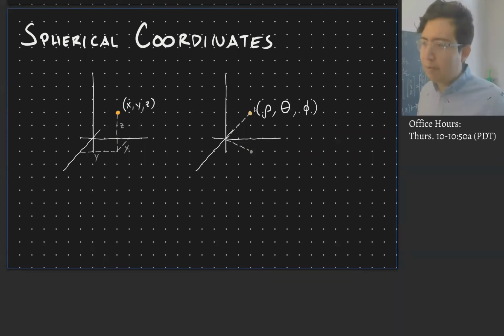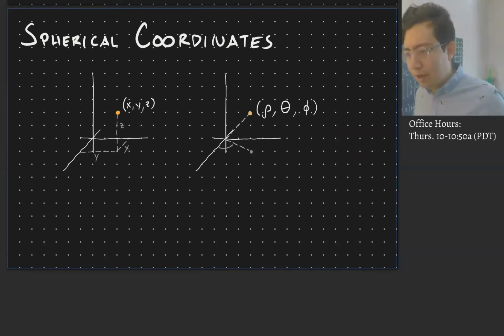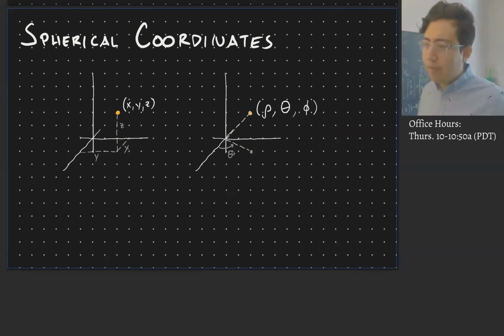It's similar to cylindrical coordinates in that you're still measuring this angle here, theta, coming off of the x-axis, but instead of measuring this distance here, you're measuring this distance here, rho.